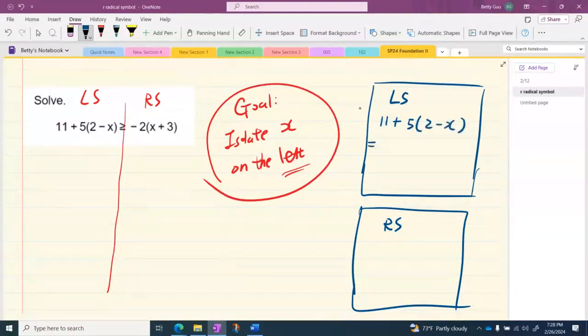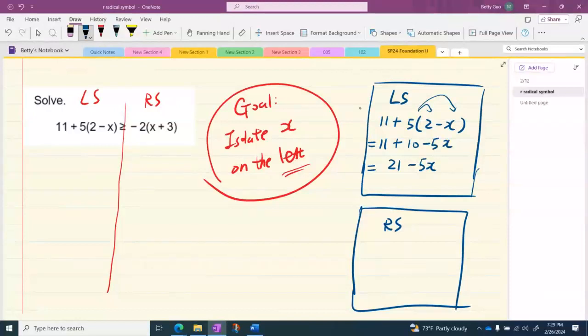We bring down 11 and apply the distributive property to remove the parentheses. 5 times 2 is 10. 5 times negative x is negative 5x. What is 11 plus 10? 21 minus 5x.